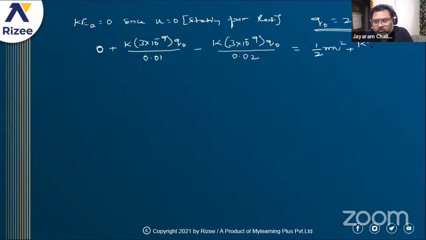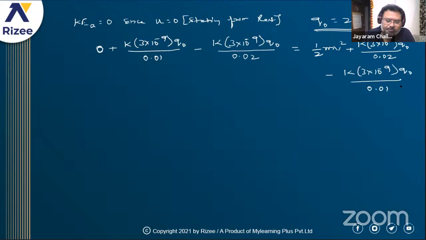This is K of 3 into 10 to the power of minus 9 into Q naught, that is the left side 3 nanocoulombs, when it reaches point B the distance will be 0.02, minus K into 3 into 10 to the power of minus 9 times Q naught by 0.01.